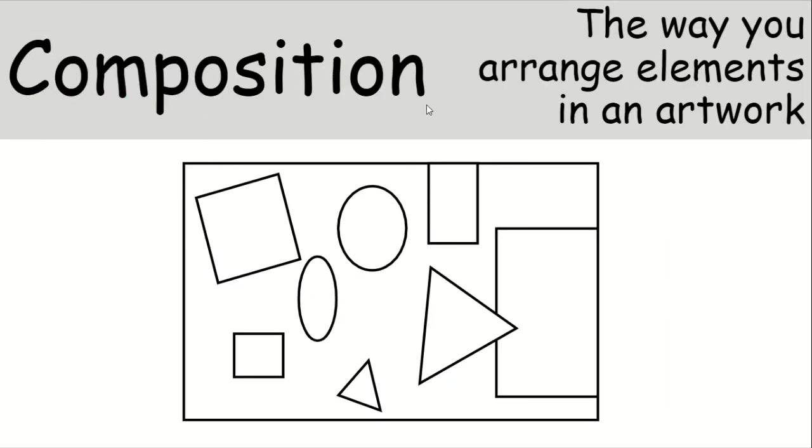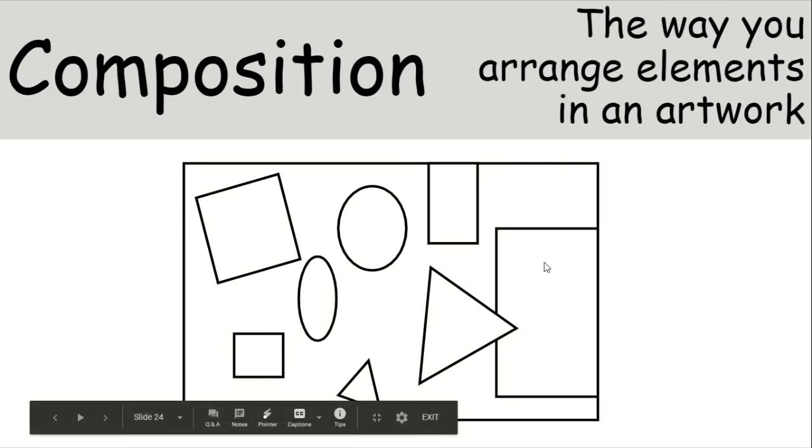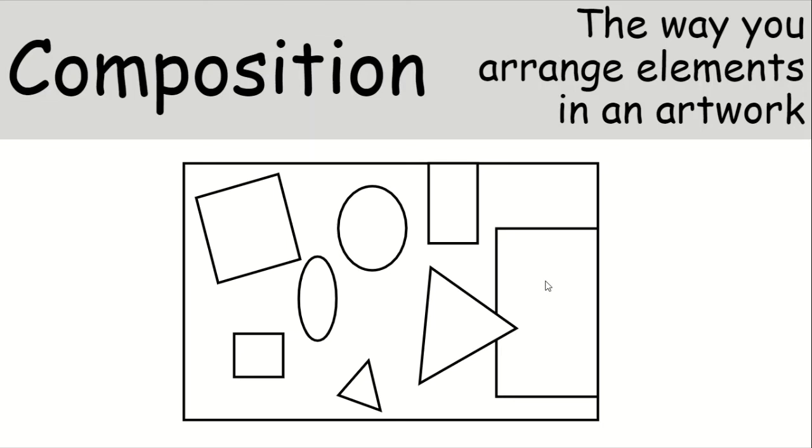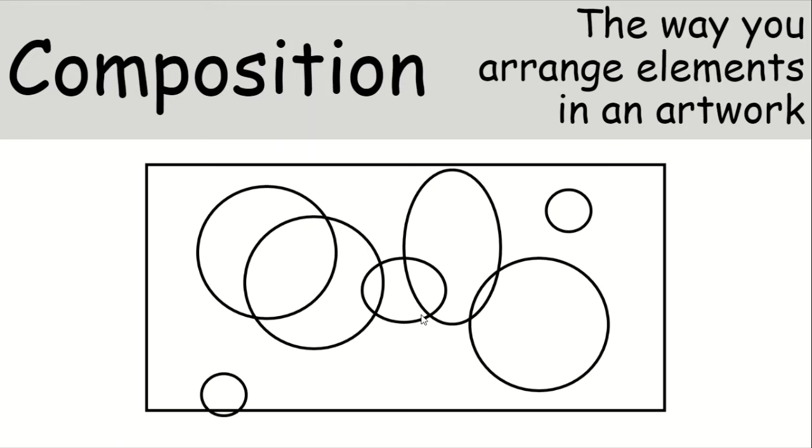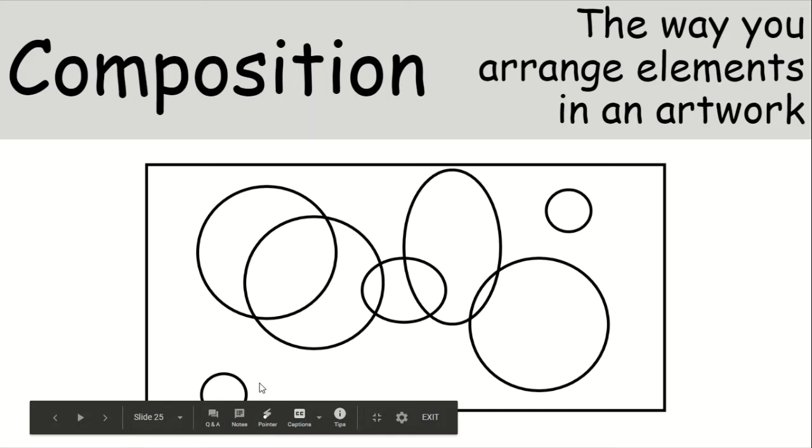So again, composition is the way that you arrange elements in an artwork, okay? So on your page, you can have smaller shapes, bigger shapes, lines going diagonal, lines going across, zigzags, okay? You could use the same shape, okay? And do different sizes.